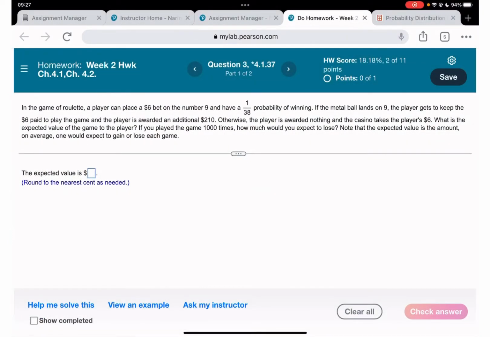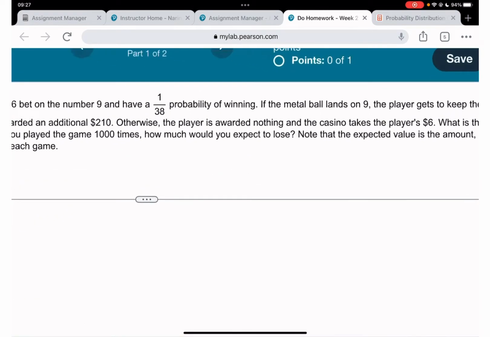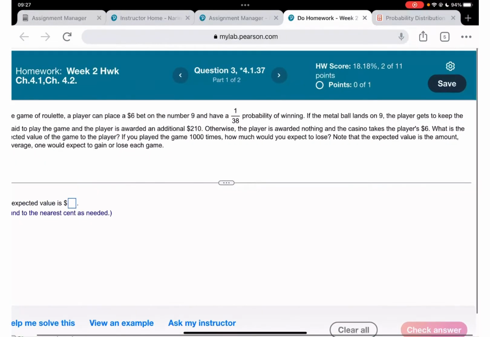If the metal ball lands on 9, the player gets to keep the $6 paid to play the game, and the player is awarded an additional $210.